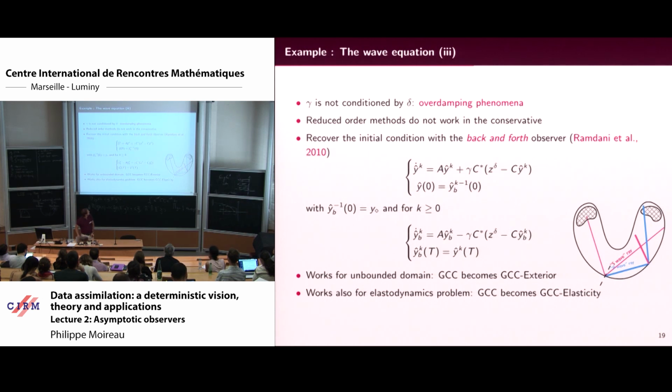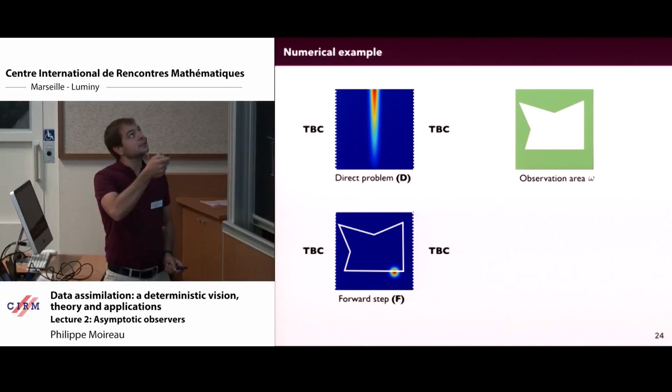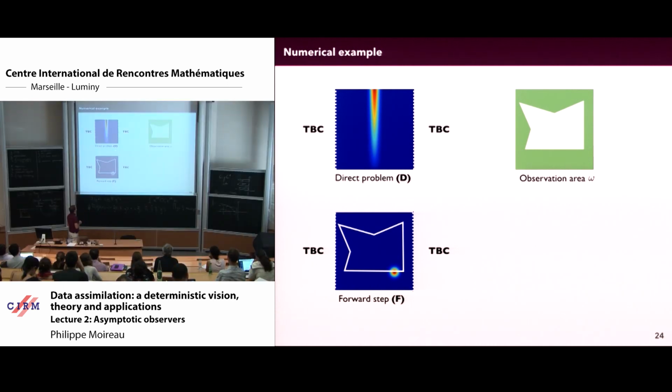Okay, examples. So it's an example in unbounded domain. So you have like, it's Neumann here, and here it's a transparent boundary condition. Okay, in that case we are able to design transparent boundary condition.